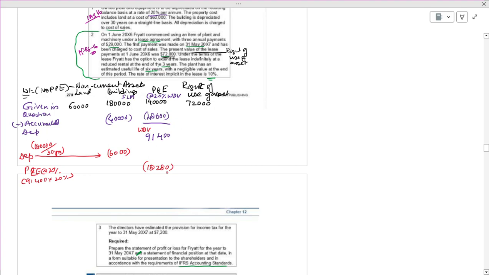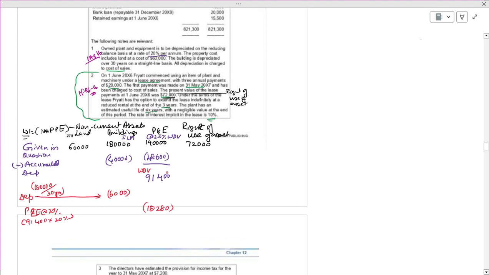Whereas in the right of use asset, how much is the depreciation? Point number 2. The plant has an estimated useful life of how many years? 6 years. What is the present value? 72,000.